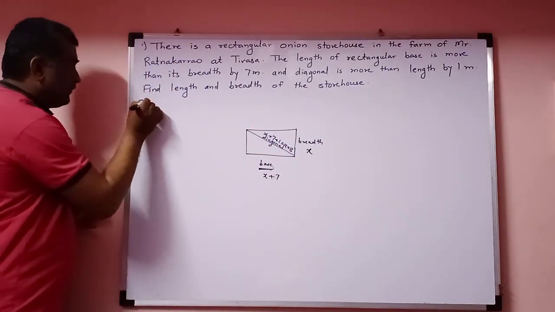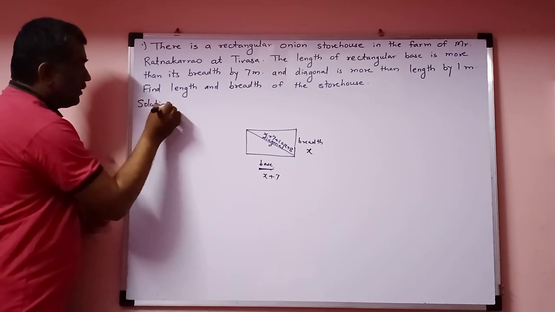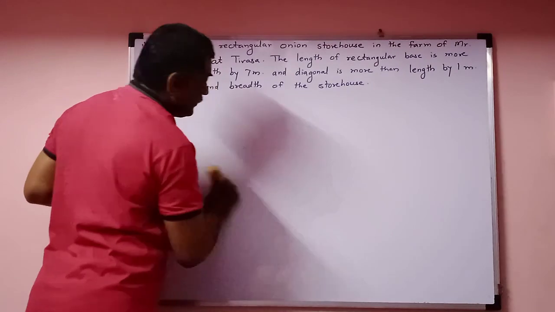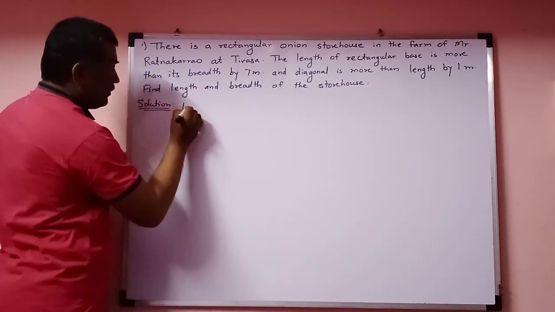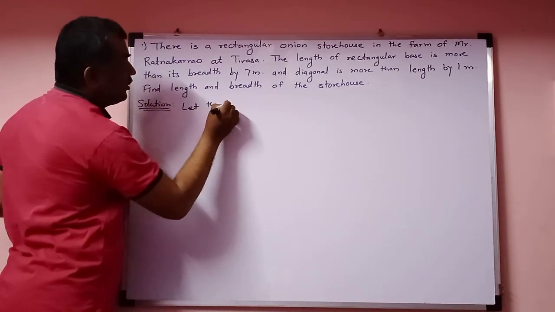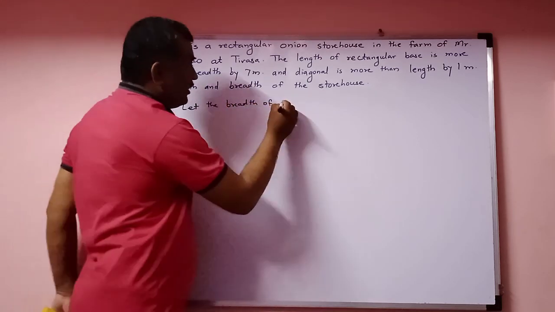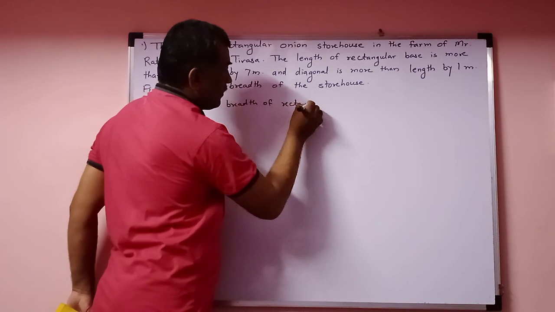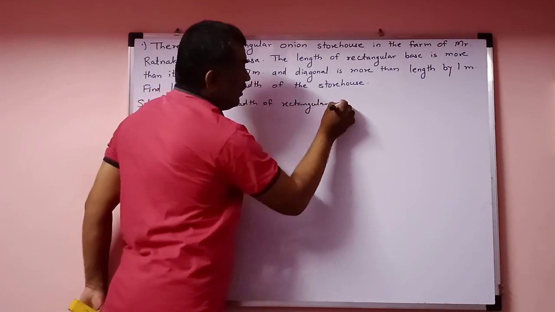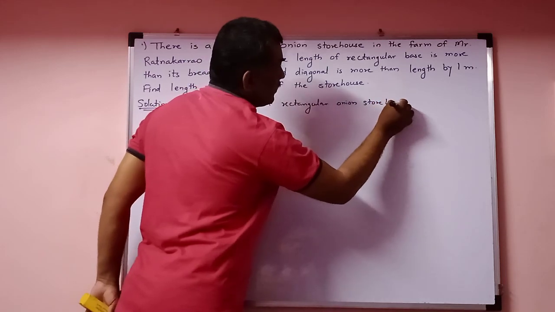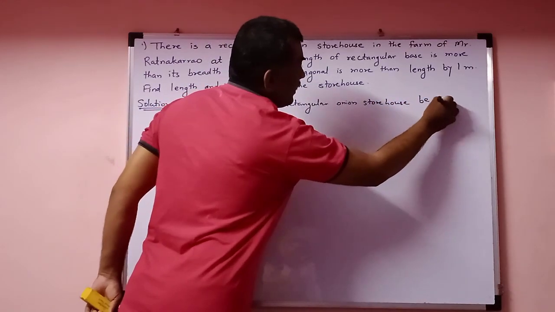Here solution. Let the breadth of rectangular onion storehouse be x meter.